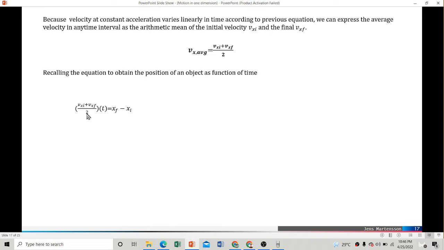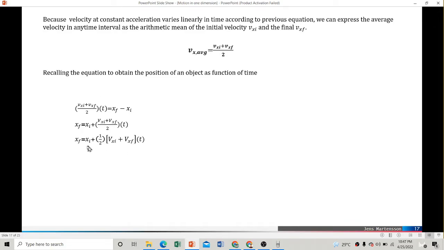So we create this equation, then by rearranging in terms of x final, we transpose the x initial to the other side of the equation.